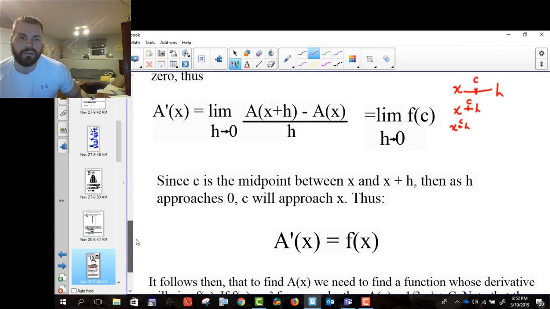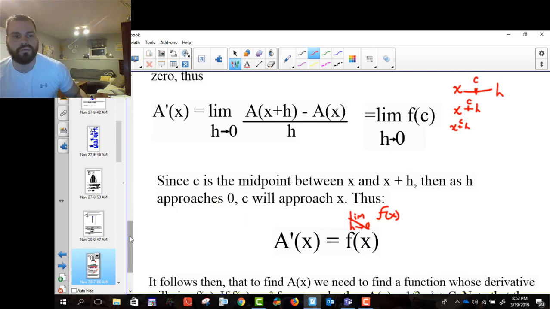And so we can say that A prime of x is equal to the limit as h approaches 0 of f of x. But f of x, because there's no h in it, is not affected by h going to 0. So this just drops, and I get that.